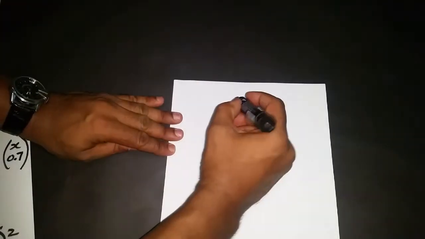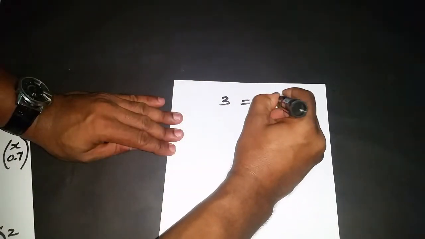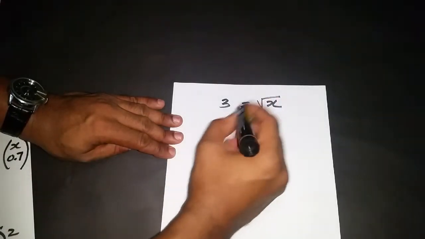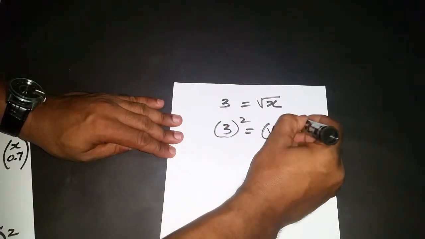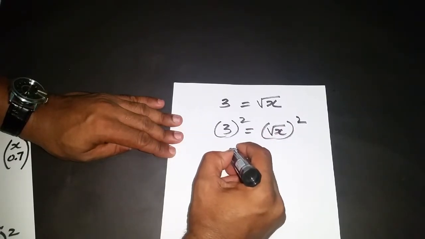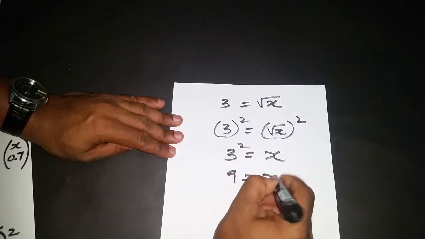For example, if I am told that the square root of x is equal to 3, for argument's sake, then clearly x should be 9, right? In order to get rid of the square root, I'm simply squaring both sides, and of course square is going to cancel square root. So I would end up with 3 squared and x, which is 9.